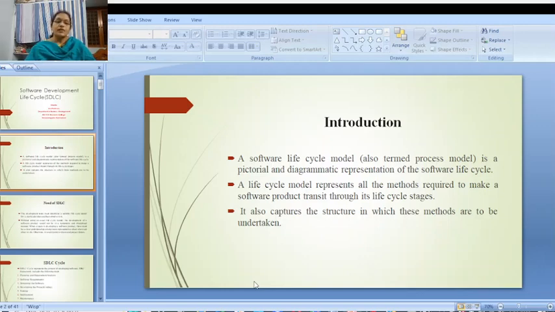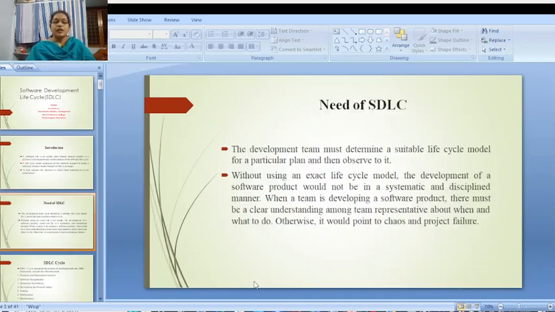As we are saying that we need to follow different models or stages in SDLC, why is it needed? What is the use of SDLC? The development team must determine a suitable life cycle model for a particular plan and then adhere to it.